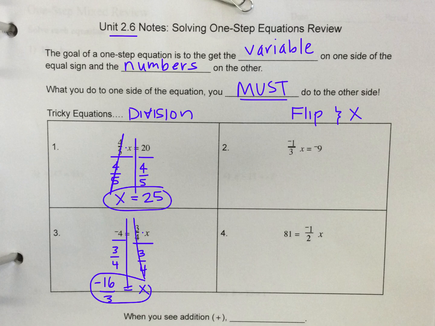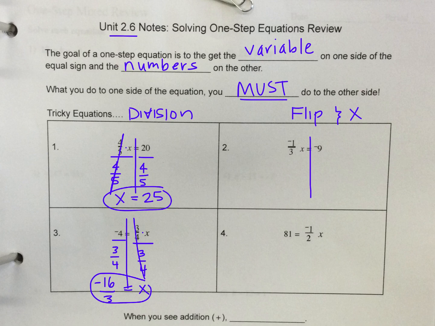The other way, this is the way you would do it in Happy Math Land, but it's harder to remember, and I'm okay whichever one you decide to do. So when I have a fraction, there's a different way to make it cancel out and move to the other side, because we always do the opposite.